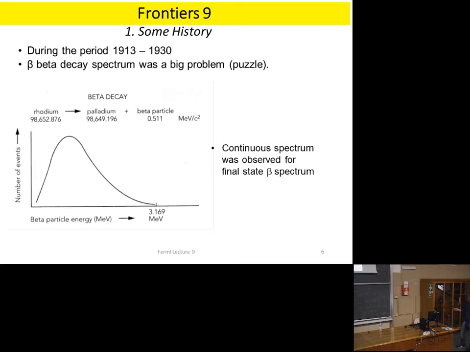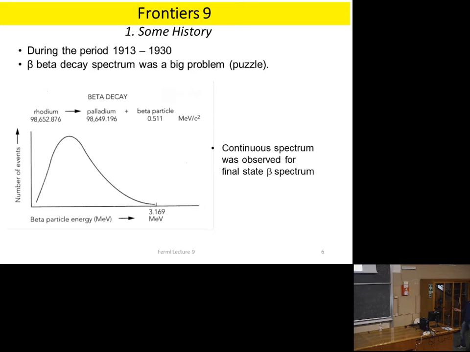The maximum energy that could go off into an electron is out here, but it's continuous. And so what that means is you started with some radioactive element, it decayed into another one, and should have just given a beta particle of half an MeV.